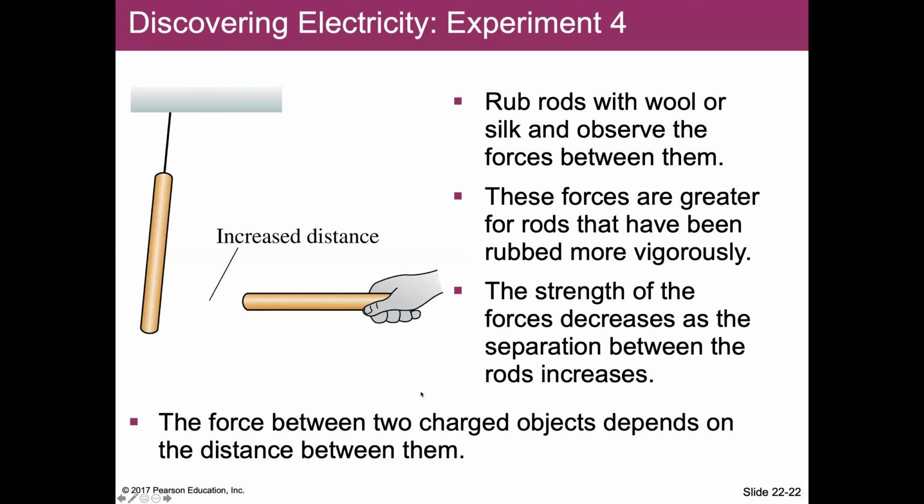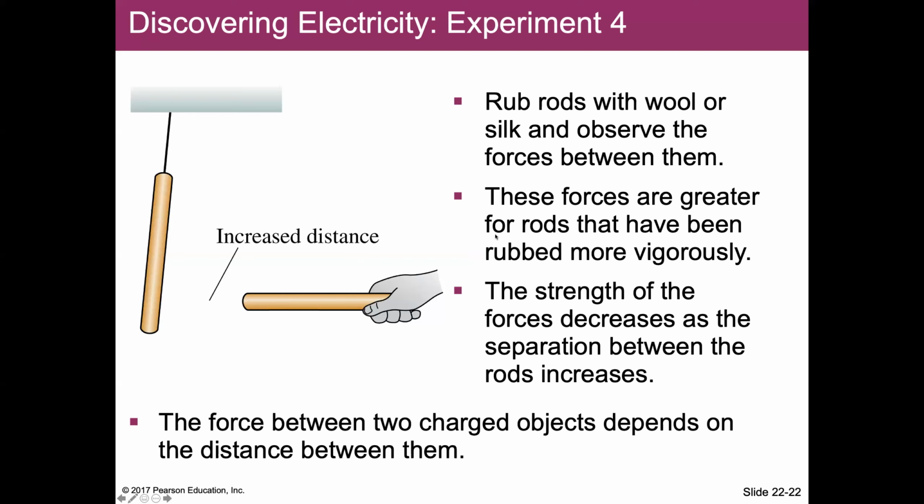The force between two charged objects depends on the distance between them, and also, it isn't said here, but it also depends on the strength of the charges on both of the objects, or both of the rods in this case.